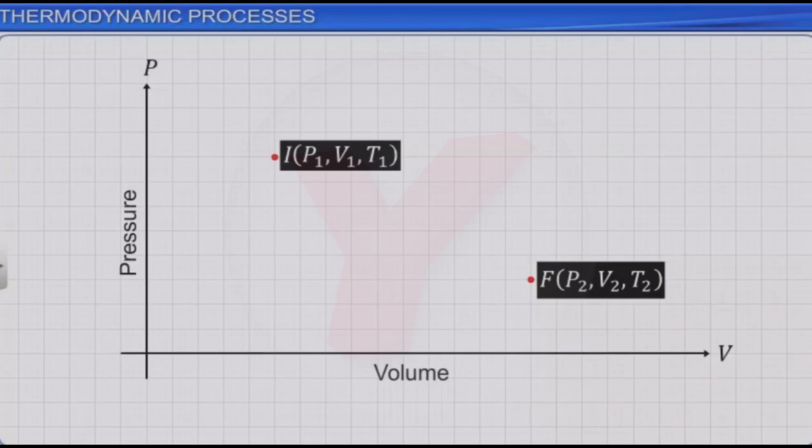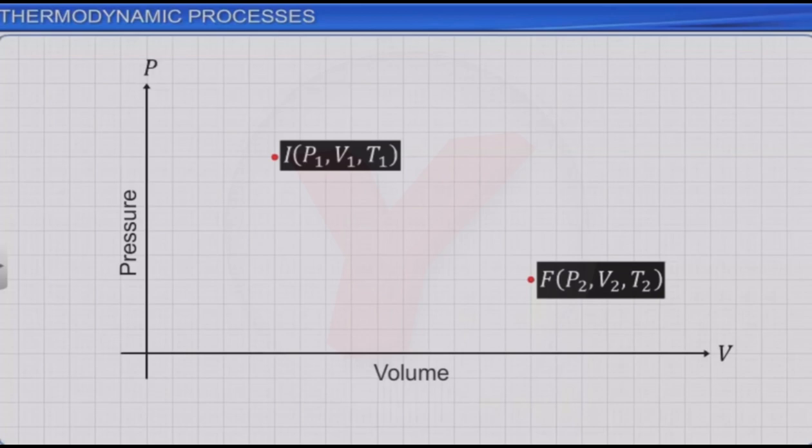Hence, in thermodynamics, it is always difficult to deal with systems in non-equilibrium states. As a consequence, a quasi-static process, an idealized process in which the system is in an equilibrium state at every stage, is defined.